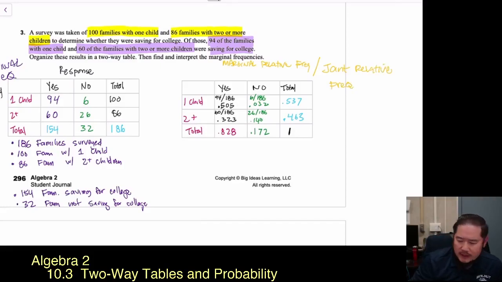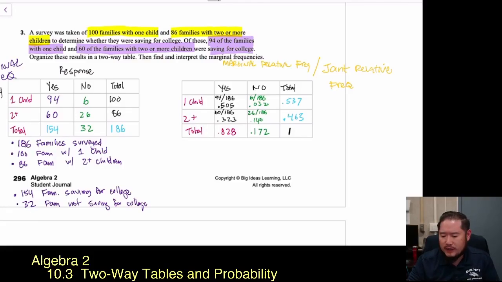Because remember, the joint relative frequency is a combination of finding the ratio of frequency that is not in the total row or the total column to the total number of values observed. So when we put everything together, we end up finding the marginal and joint relative frequencies.